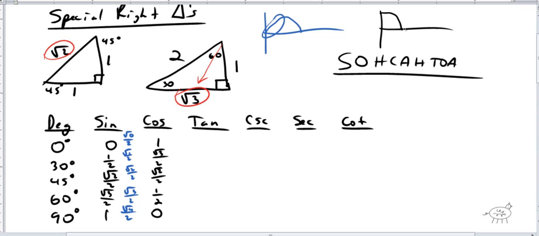Now tangent, this is how tangent goes. Tangent of 0 is 0, which we all know. Tangent of 30, remember, tangent is opposite over adjacent, so opposite 1 over root 3. We say that is root 3 over 3. Tangent of 45, opposite over adjacent, so it's 1 over 1, which is just 1.